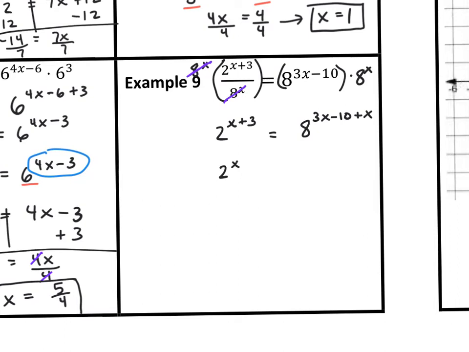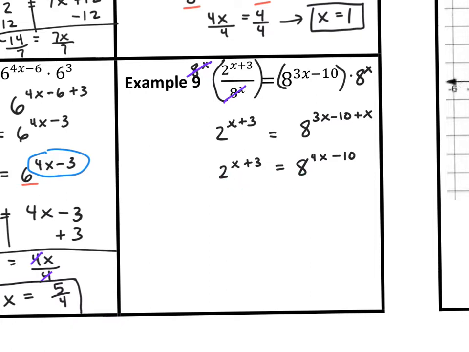And what I'm going to do is on the right side, I'm going to combine like terms because I want to say, what's 3x plus x? That's 4x minus 10. Now, what should come to mind is, can I write 8 as a base of 2? Is there a way to write 8 as a base of 2?